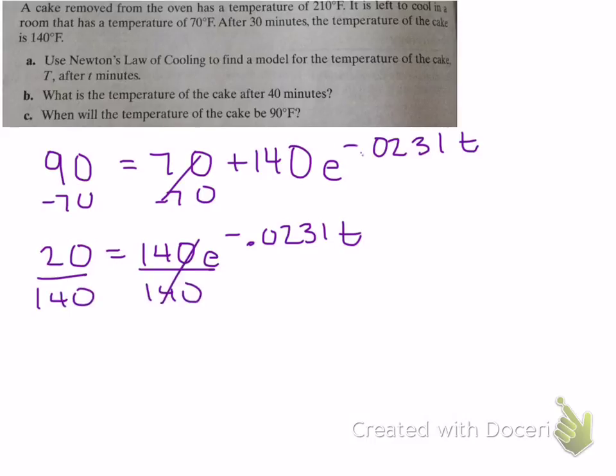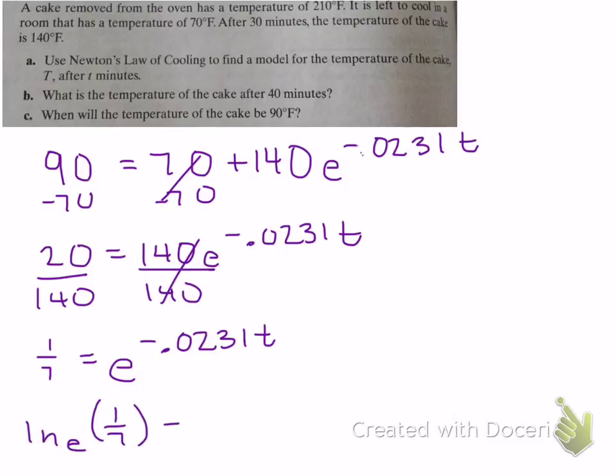And again, you can choose to put that as a decimal or a fraction. If you leave it as a fraction, it's 1/7. And now at this point, I need to put it in natural log form. So I have ln of 1/7 equals negative 0.0231t. And I know I can divide both sides by that decimal.